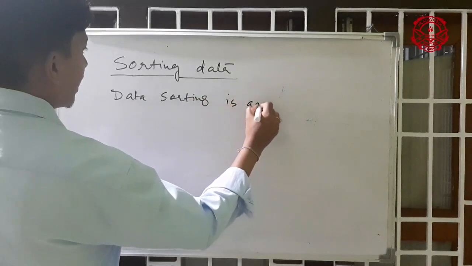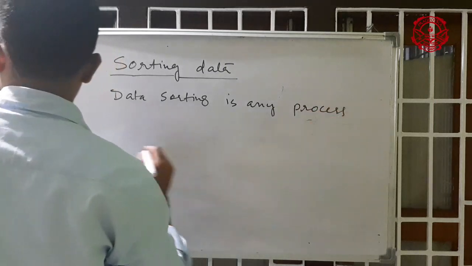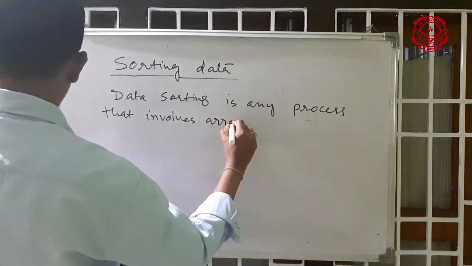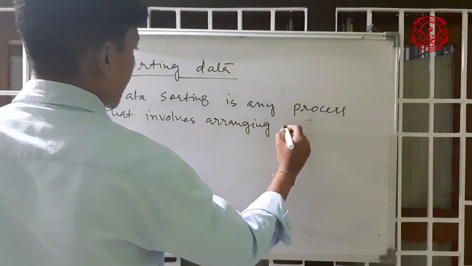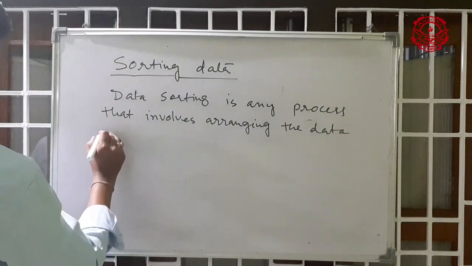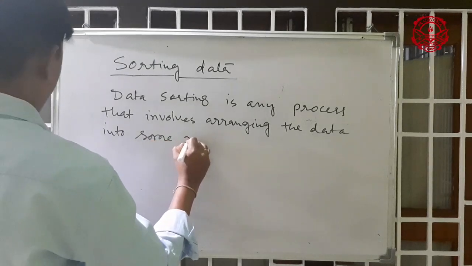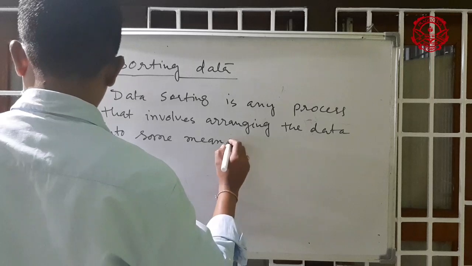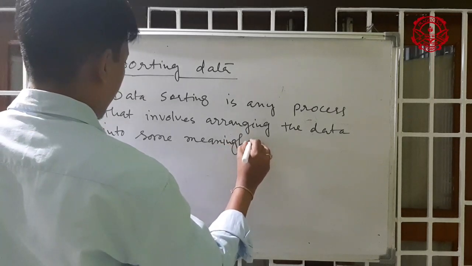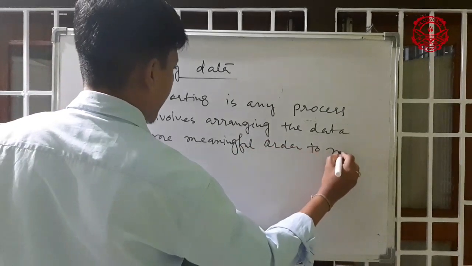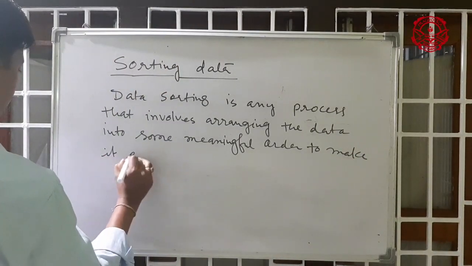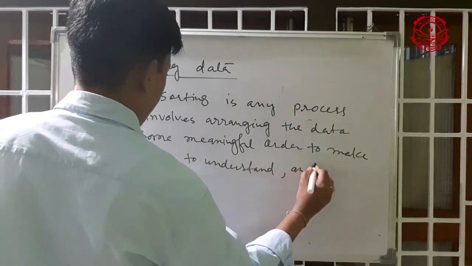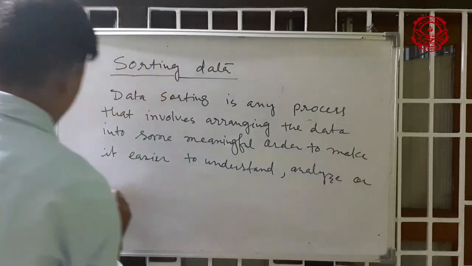Data sorting is any process that involves arranging the data into some meaningful order to make it easier to understand, analyze, or visualize.